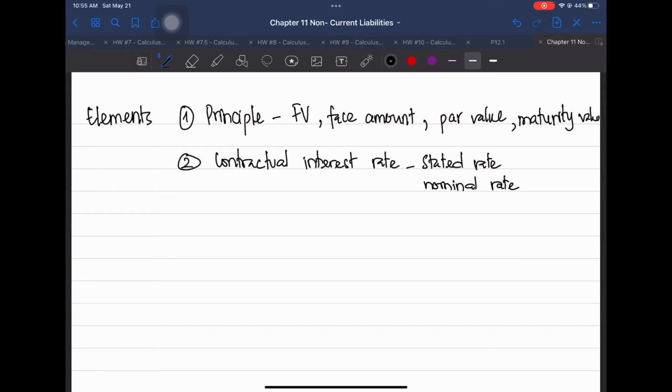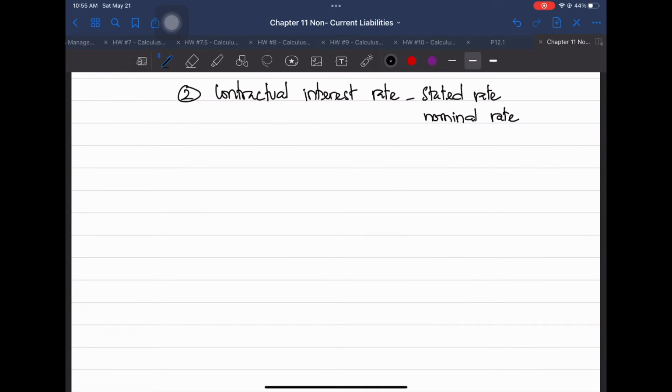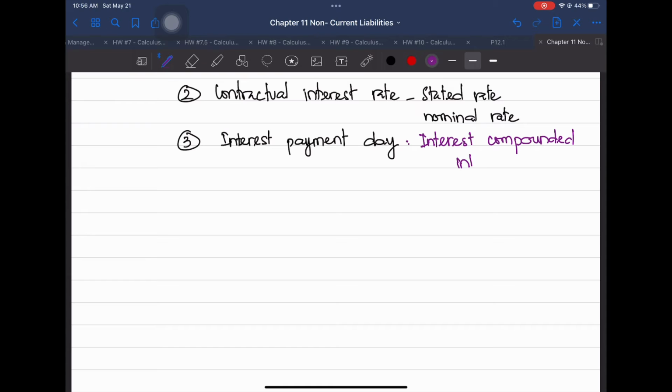Remember that. The third one is the interest payment day, which determines the interest following the compounding interval. The last one is the maturity day. This is the day on which a bond's principal or face value is repaid.